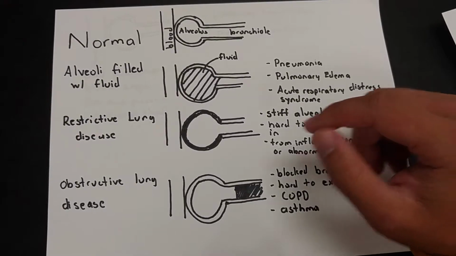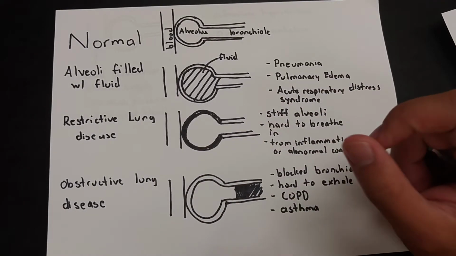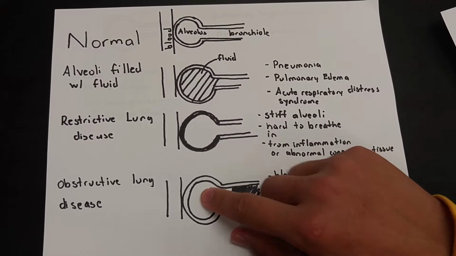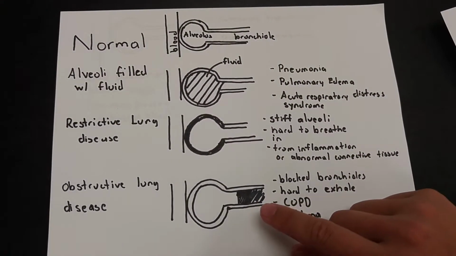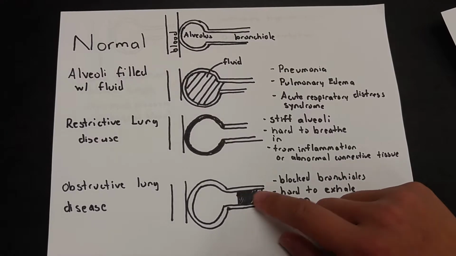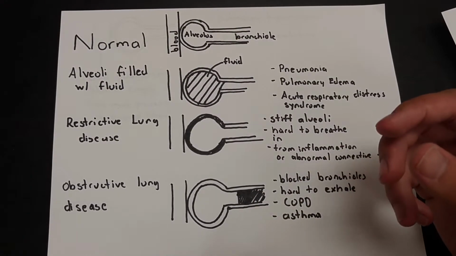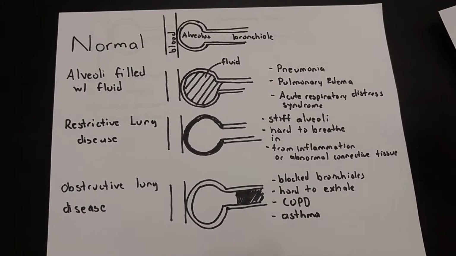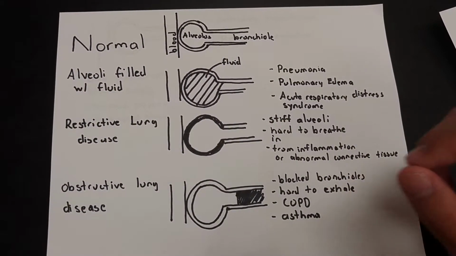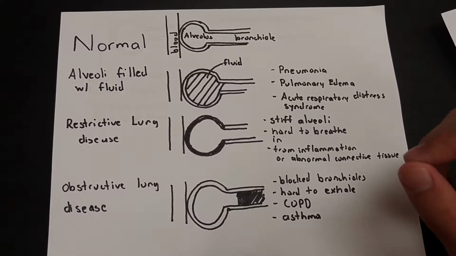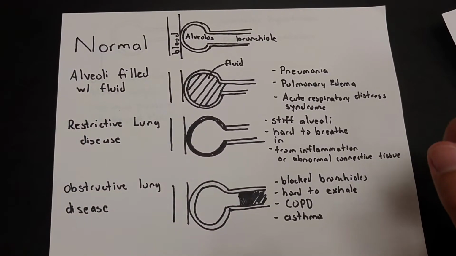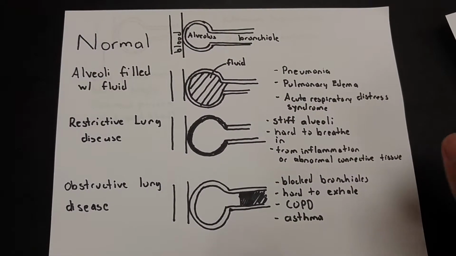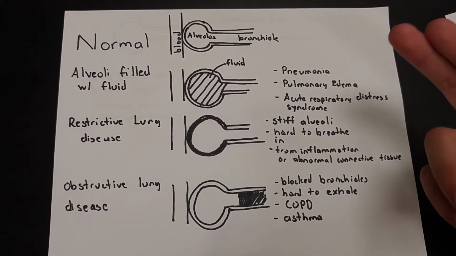The next category is obstructive lung disease. Here's the bronchiole, here's the alveoli, and here's the blood supply. In obstructive lung disease, the bronchiole is obstructed. This can be from mucus if you smoke a lot. Then it's very hard to exhale. It feels like when you take a very deep breath but then try to inhale more without exhaling.